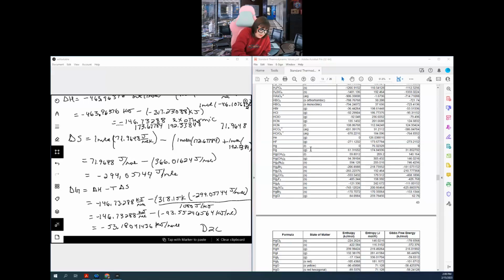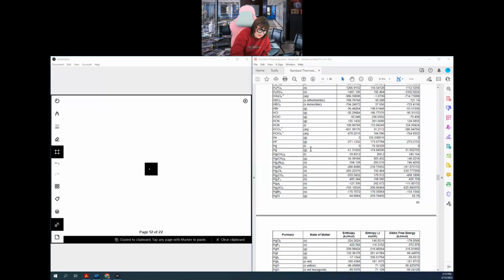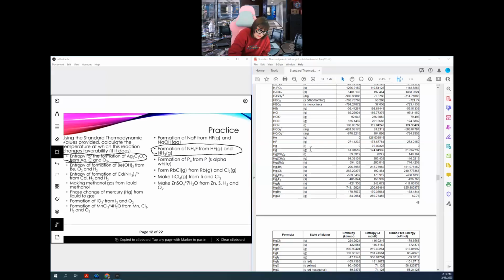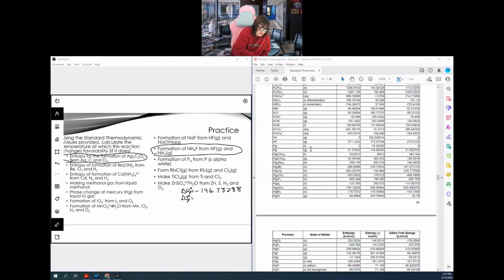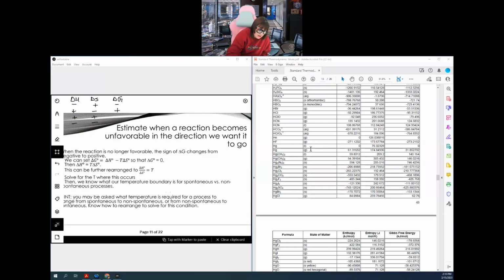I don't have to remember. And of course, these are the standard formation ones that we calculated previously. So let's go get the delta S for that particular reaction again.